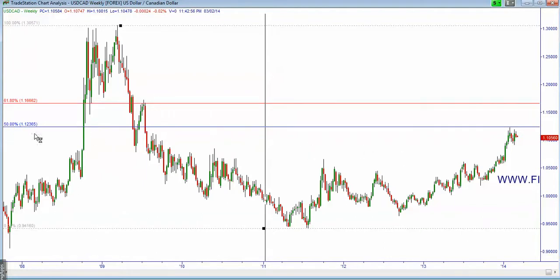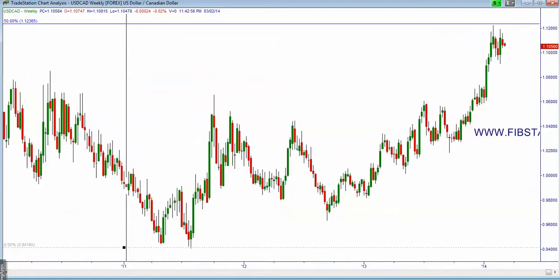And as you can see, 112.36 is not a random place. It's where the shorts on this weekly time frame, program trading, were placed in order to take advantage of this market.